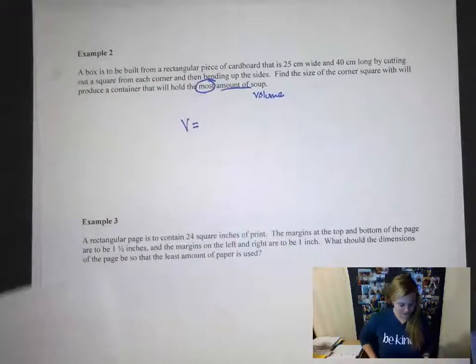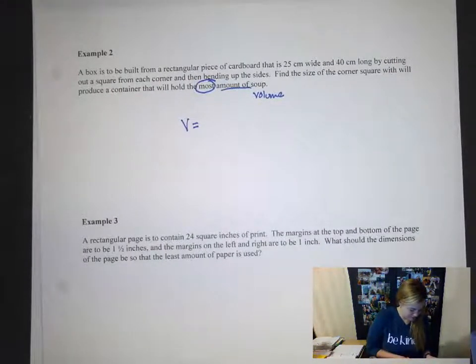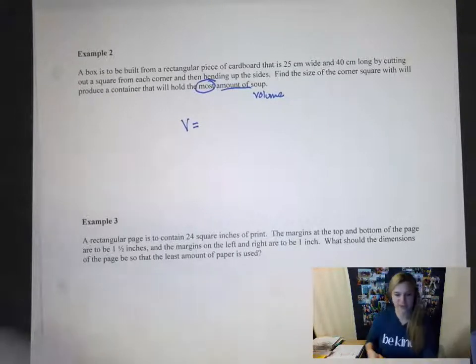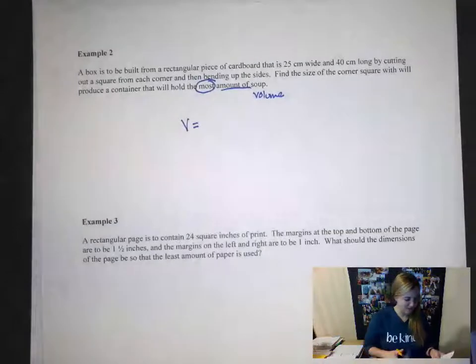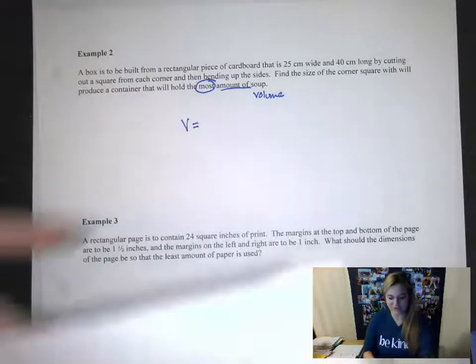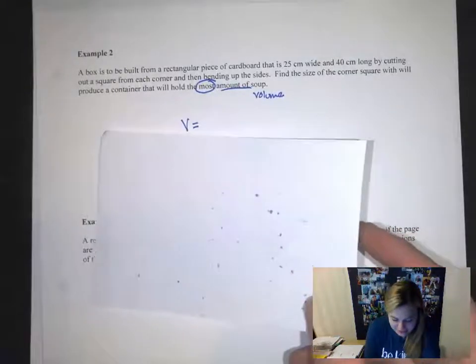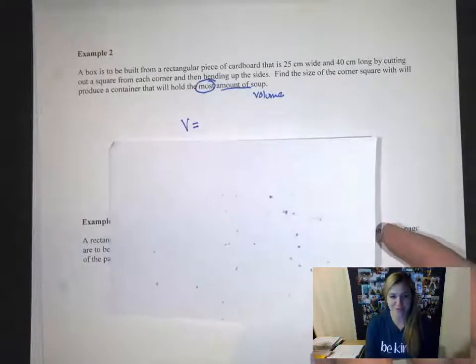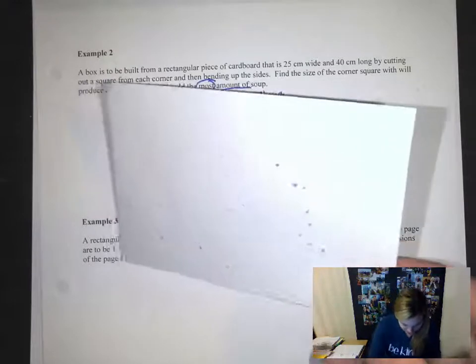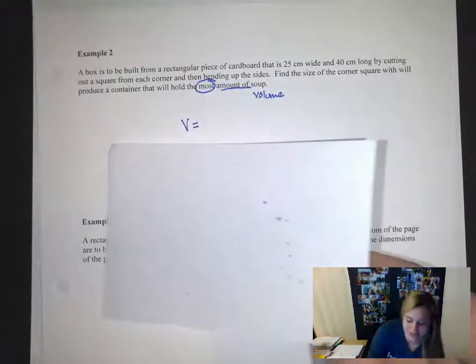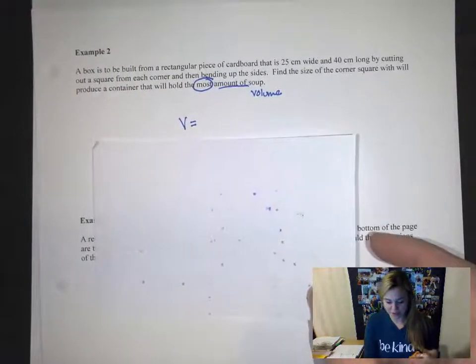So in this, I'm actually going to make this smaller so you can kind of see this and I can use this paper. Okay, so even smaller than that. I haven't used this before like this, but I want to see. Okay, so it says a box is to be built from a rectangular piece of cardboard. So let's say this is my cardboard and it is 25 centimeters wide and 40 centimeters long.